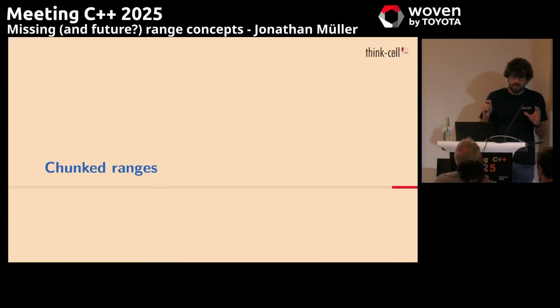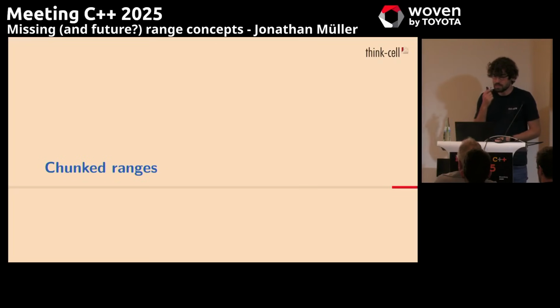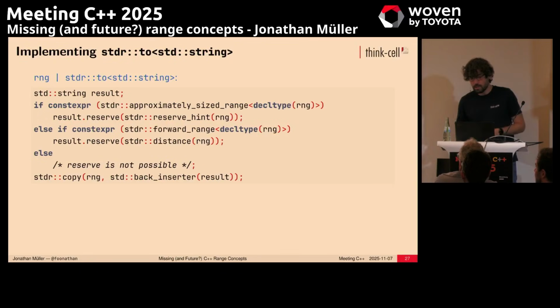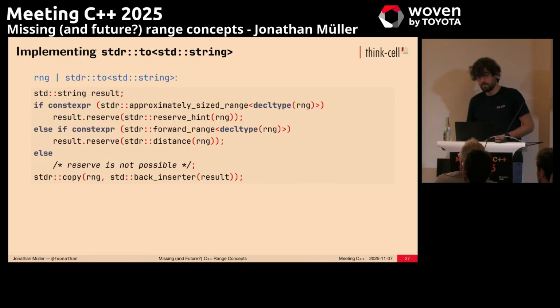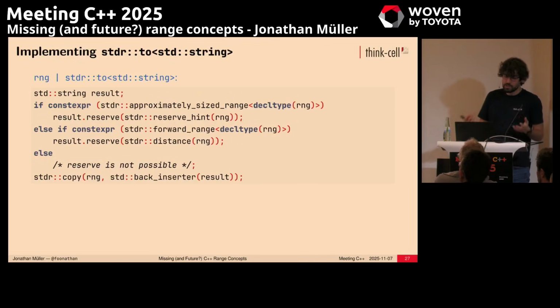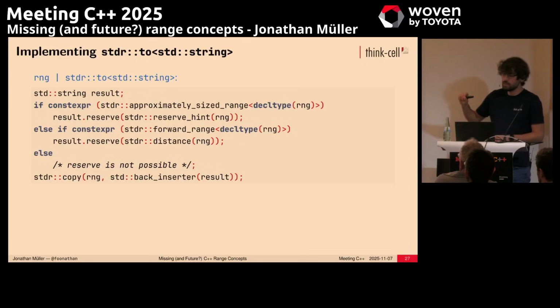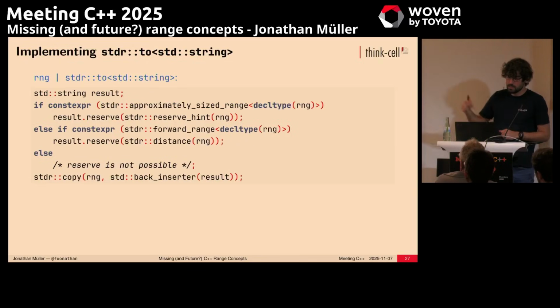Now, the power of for each while and generators doesn't really stop there. We can also look at chunked ranges. If we have a range and we want to convert that to a string like we do in our initial examples, this is the implementation of toString. So whenever possible, we reserve. When it's an approximately sized range, a new concept in C++26, it provides a reserve hint function that gives an upper bound that's reasonable for the range, and then we use that.